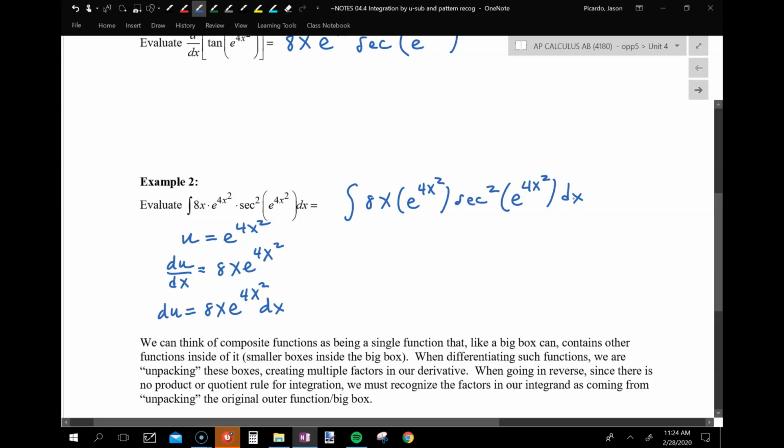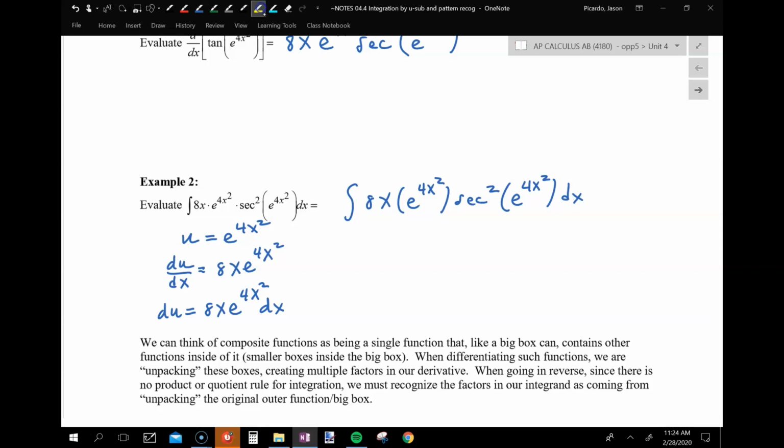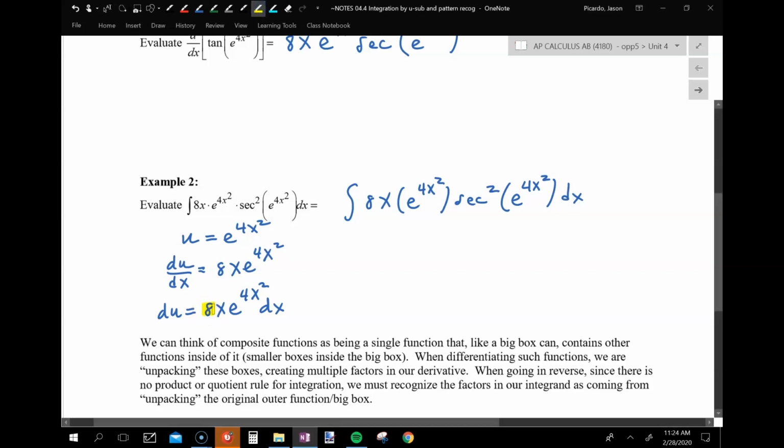Now check this out. 8x, e to the 4x squared, e to the 4x squared, dx.